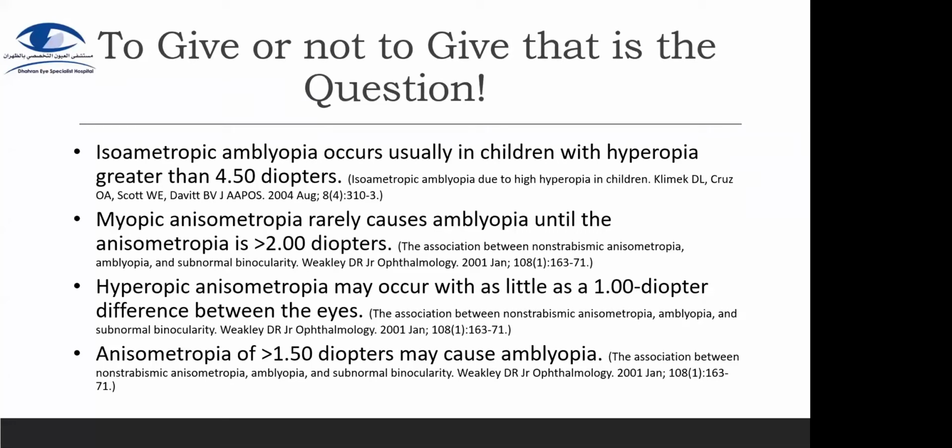That means that the difference between both eyes who are myopic is 2 diopters. Hyperopic anisometropia may occur with as little as 1 diopter difference. Astigmatism or anisometropia by itself can reach up to 1.5. If there is anisometropia, then this is a cause of amblyopia.